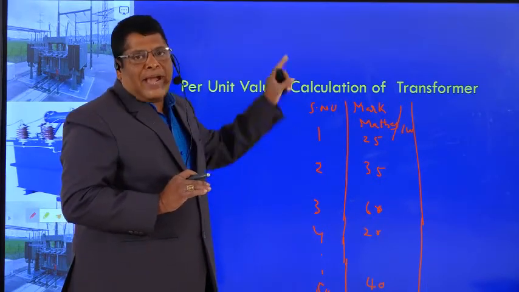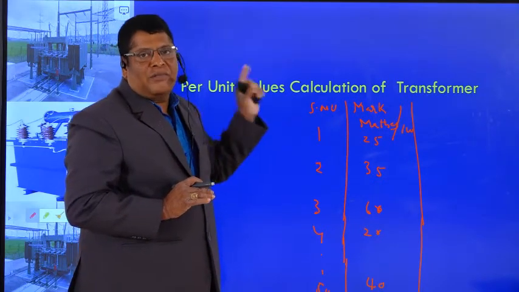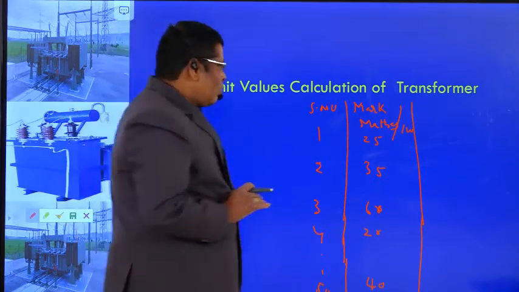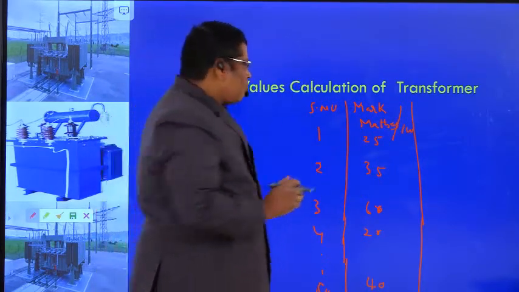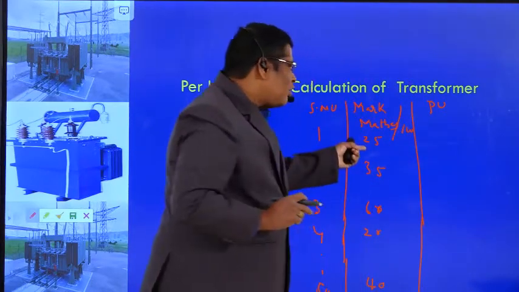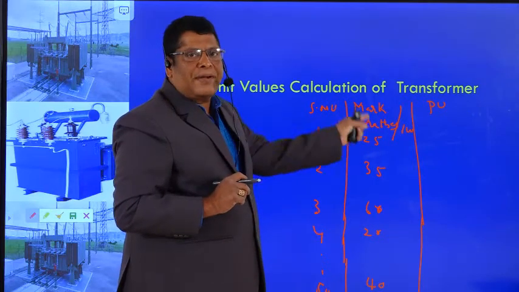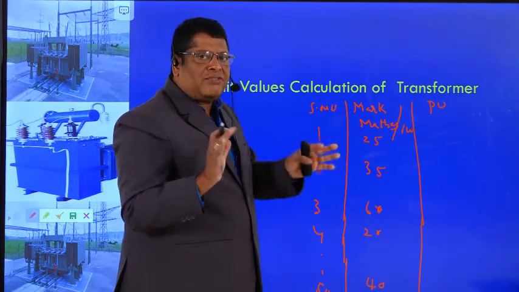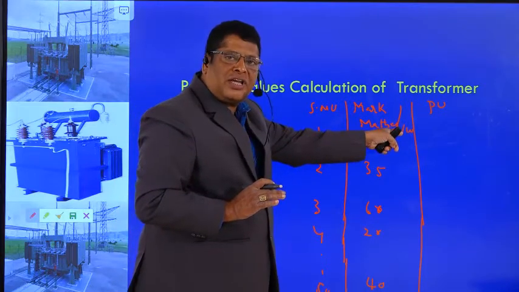So the maximum marks in the maths exam is 100. To represent the same quantity in per unit, we take actual marks divided by the base. Generally, we take the base value as the maximum value, which here is 100 marks.